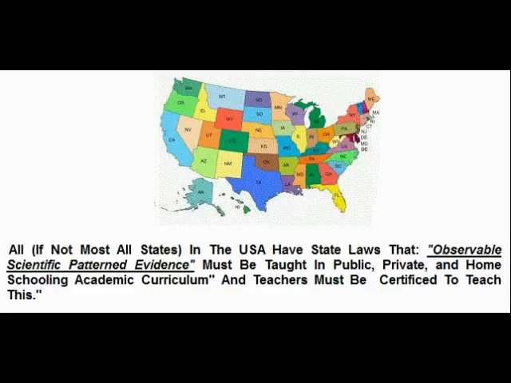From anywhere from simple to advanced concepts of observable scientific patterned evidence taught from grades 1 to grade 12. However, teachers have also got to be certified in this area as follows.